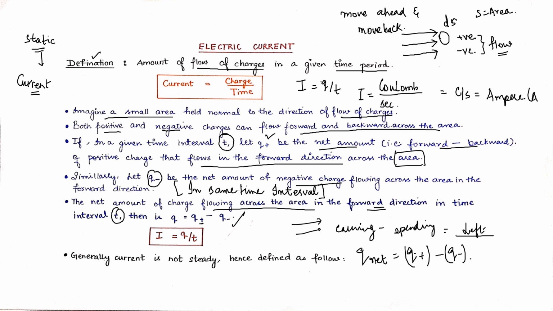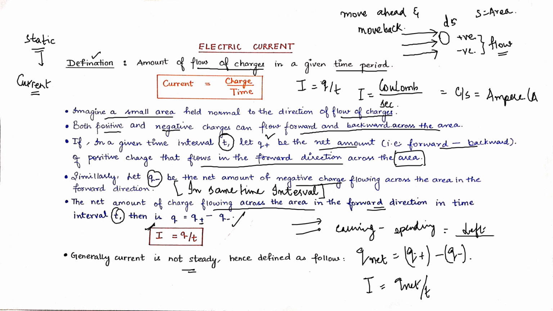So here it is. Then we'll get the current I equals q net, the total displacement of the charges, divided by the time period in which we have defined this displacement. Mostly these currents are not steady, hence we define this current in a different way.